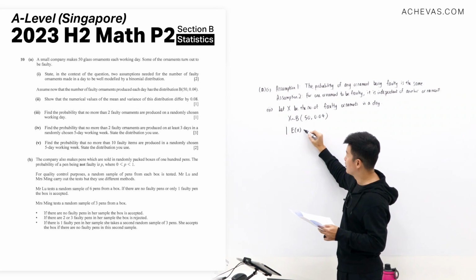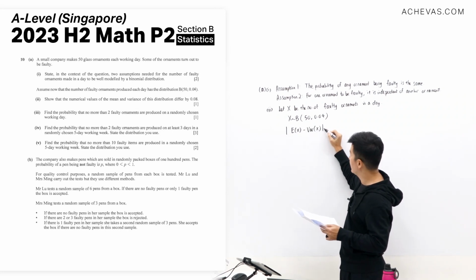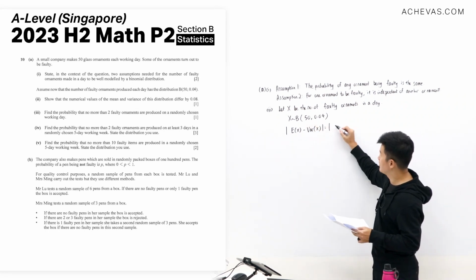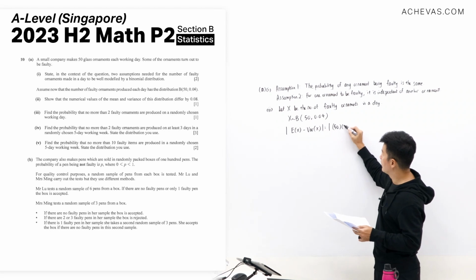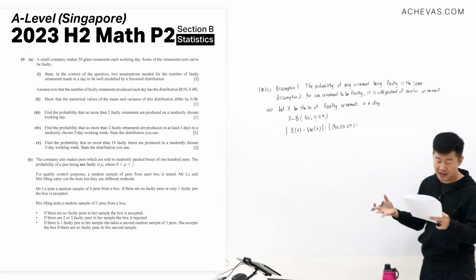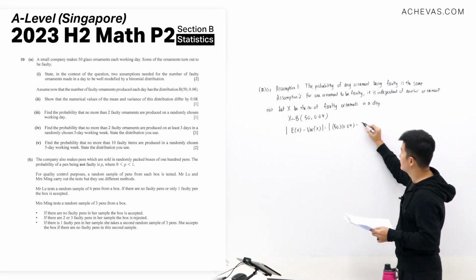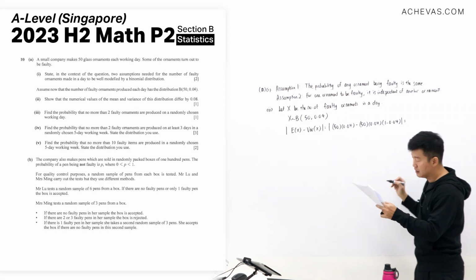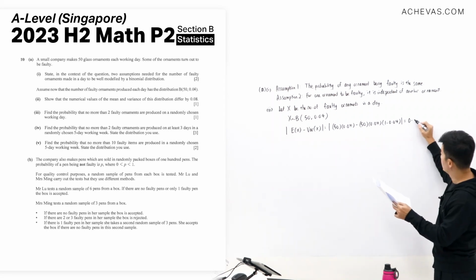So it is going to be the modulus of the expectation of X minus the variance of X. The expectation will be n times p, so 50 multiplied by 0.04, minus the variance, which is n times p times 1 minus p. That will be 50 times 0.04 times 1 minus 0.04. Pressing this into the calculator, this is equal to 0.08.